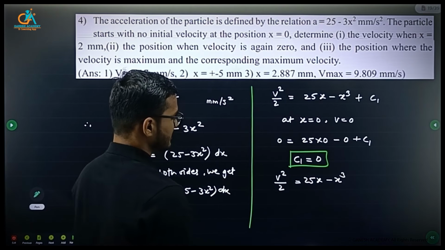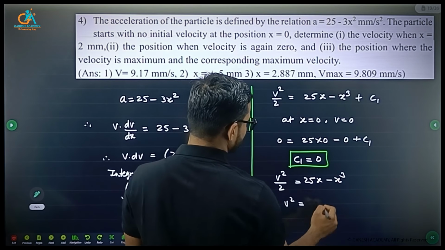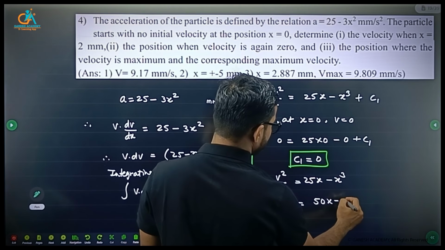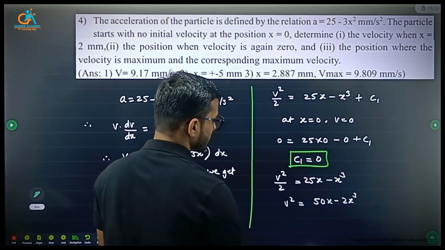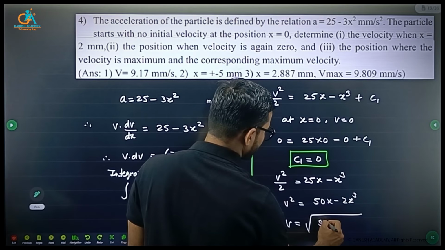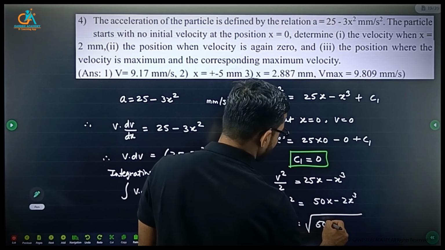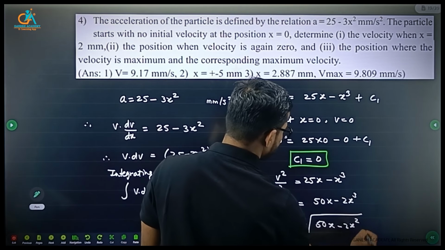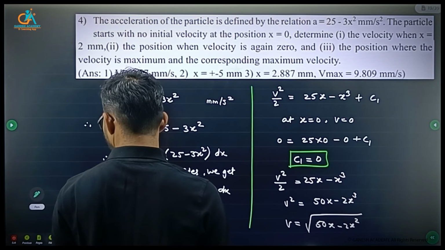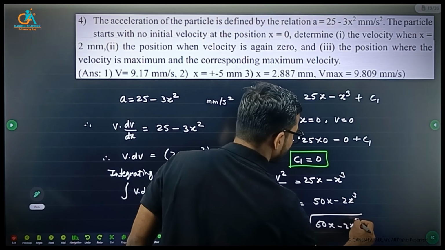So you can write the function of v as v square is equal to 50x minus 2x cube, and therefore v is under root of 50x minus 2x cube.